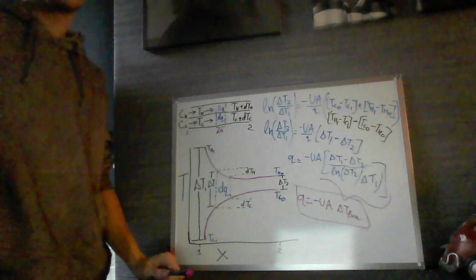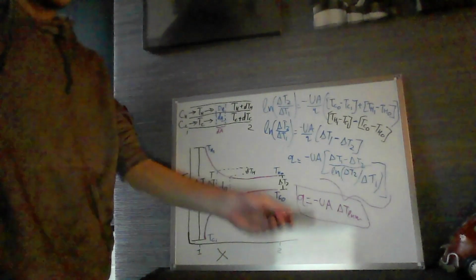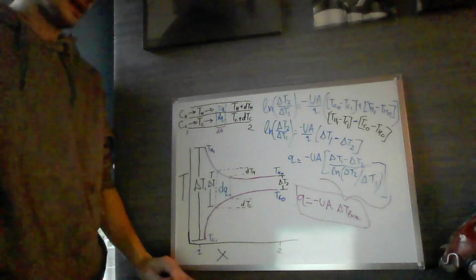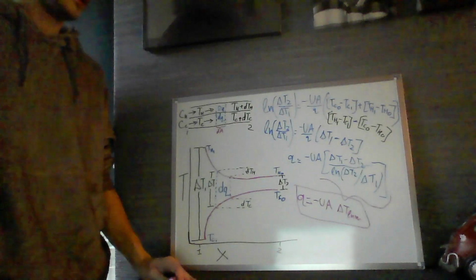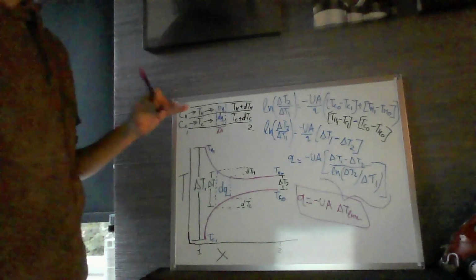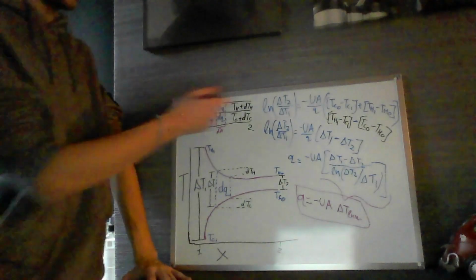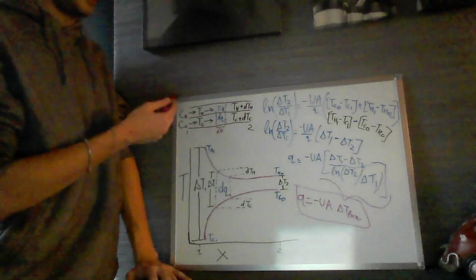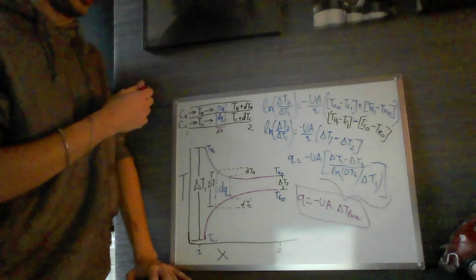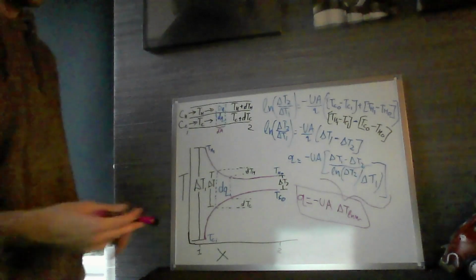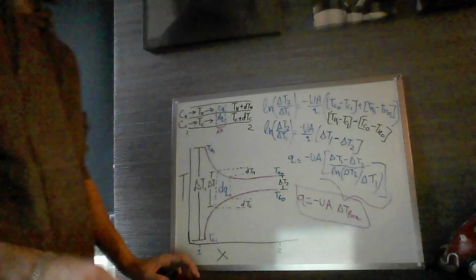And something important to notice is that this expression is also valid for a countercurrent heat exchanger. And what that is, when it's not co-current, so they're going in opposite directions. So either the hot one or the cold one is going the opposite direction. And as that happens, our graph looks a little bit different.